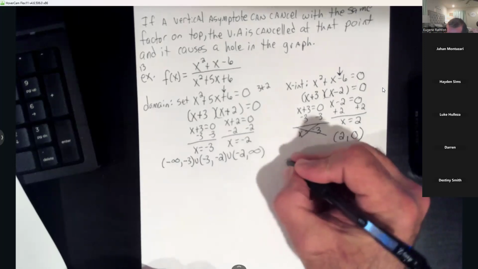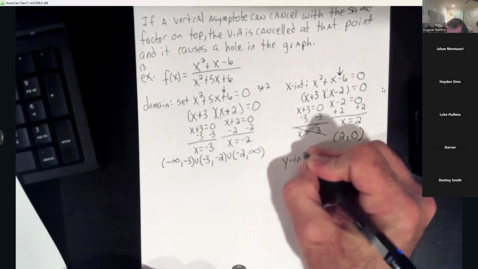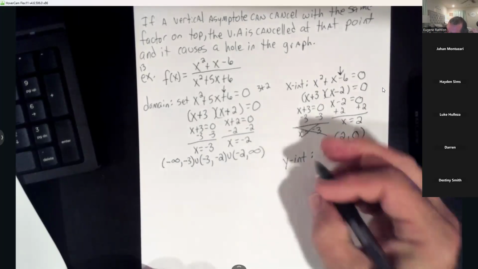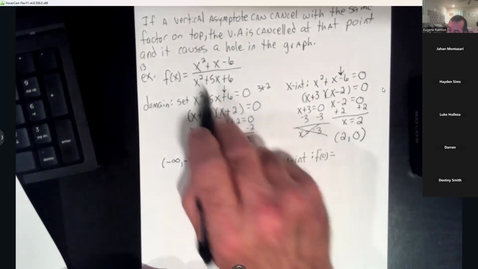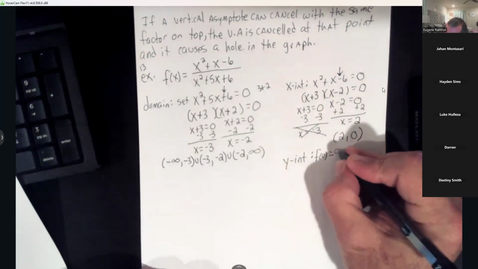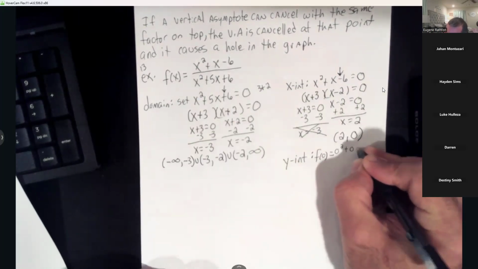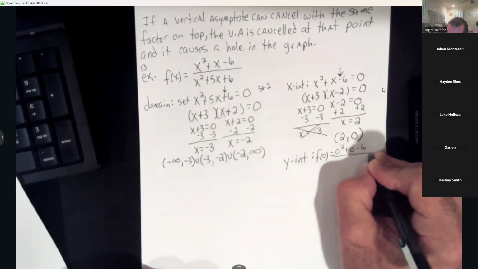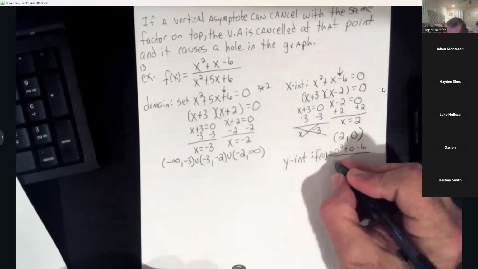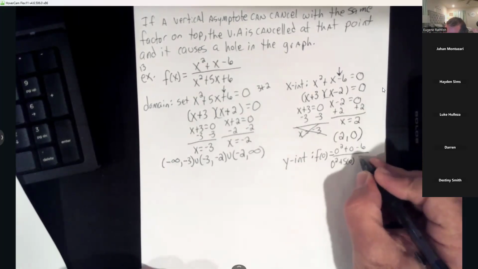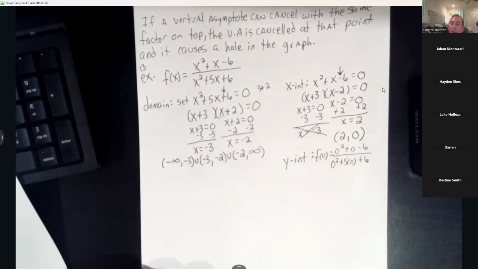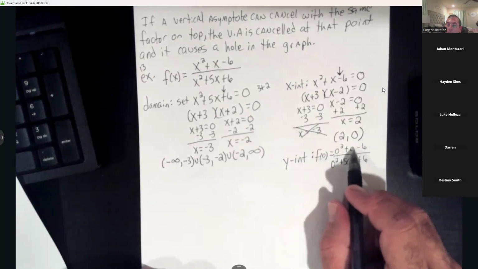All right, next was my y-intercept. Well, for my y-intercept, I found f of 0. So that'll be 0 squared plus 0 minus 6 over 0 squared plus 5 times 0 plus 6. Well, y'all, that's 0, that's 0.